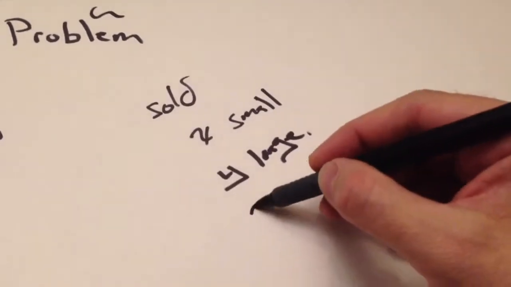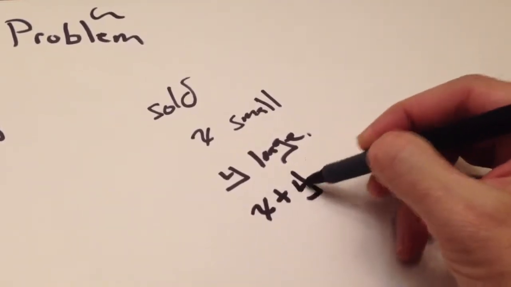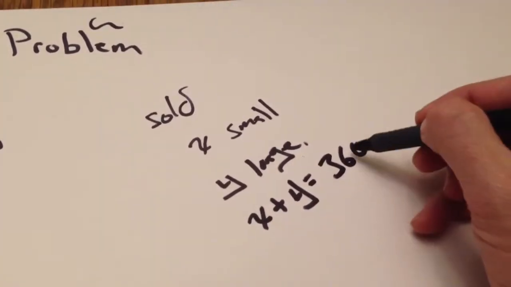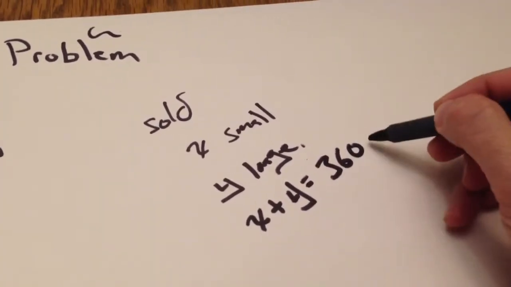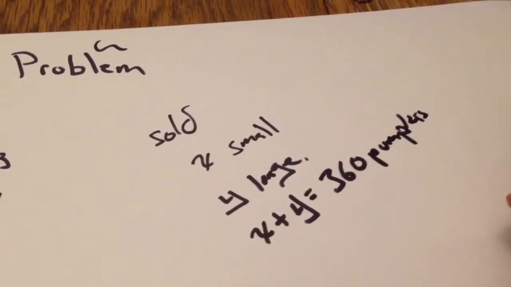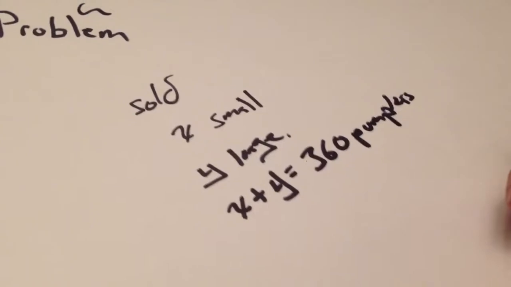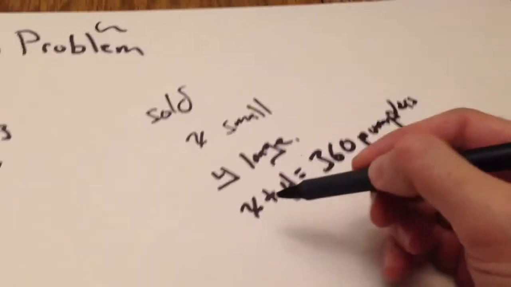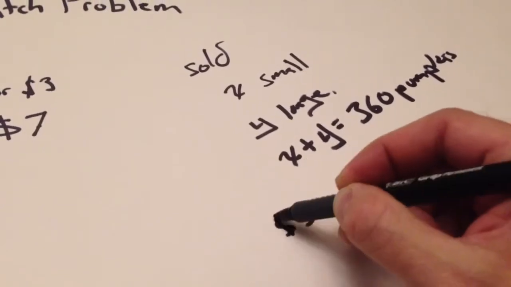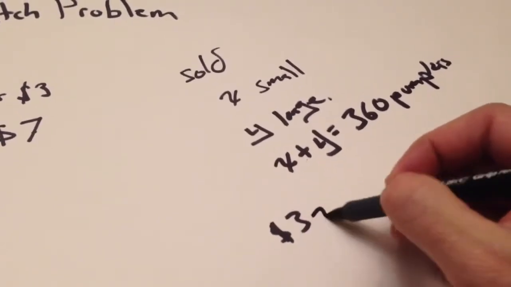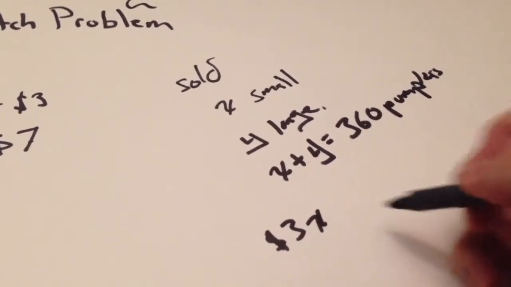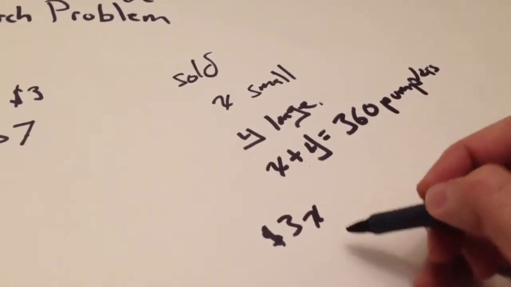And we also know that X plus Y equals 360 pumpkins. Now we also know that if we multiply $3 times X, that would be the total amount of dollars of X pumpkins that we sold, of small pumpkins.